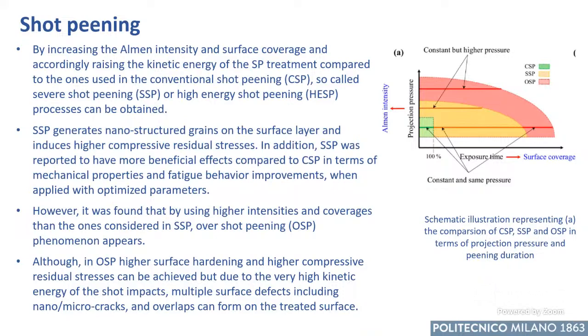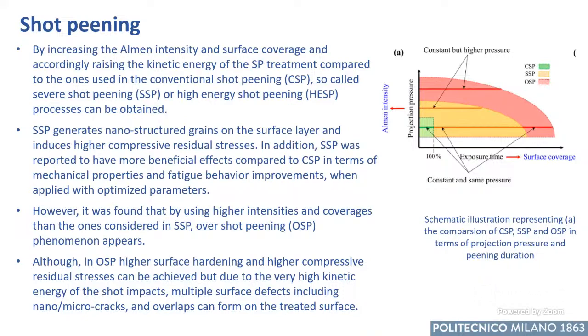This is the green area, the area where shot peening is usually done. But if we increase the time, we can get not only residual stress, but also grain refining and microstructural modification. And so we can get other advantages. And indeed, we can get the same result by increasing the Almen intensity, so the pressure in this case.